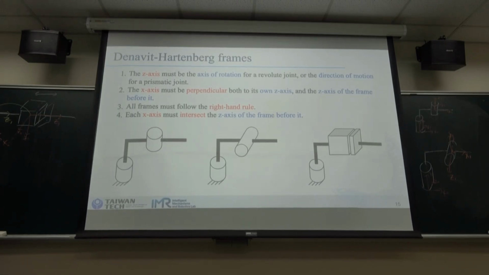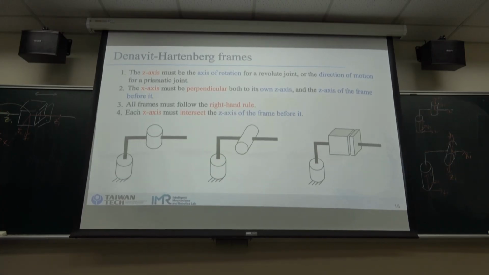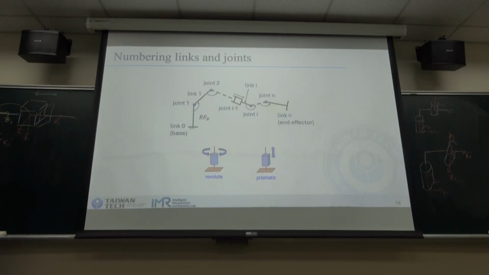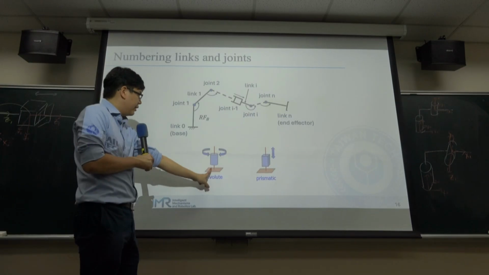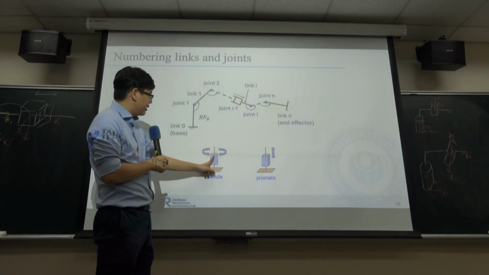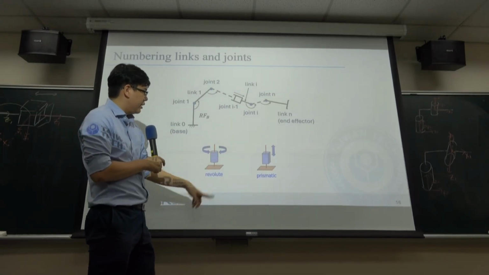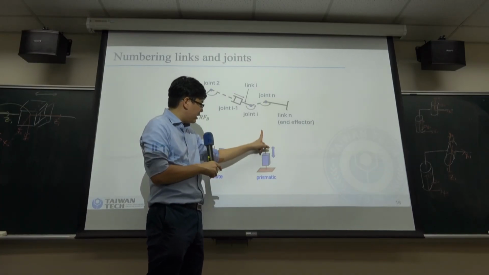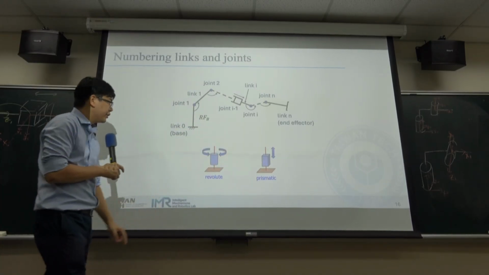I think we have covered all the techniques to set up the diagrams. For the revolute joint, the z-axis should be at the joint axis, and for the prismatic joint, the z-axis must be in the direction of motion.